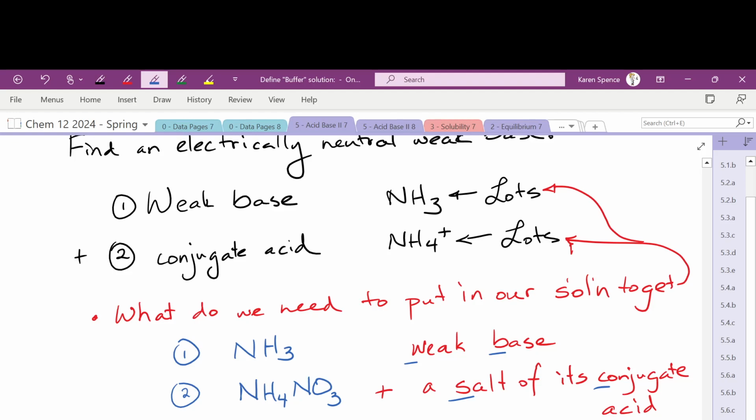Now, when you have amphiprotic ions, you can actually end up with a salt and a different salt.